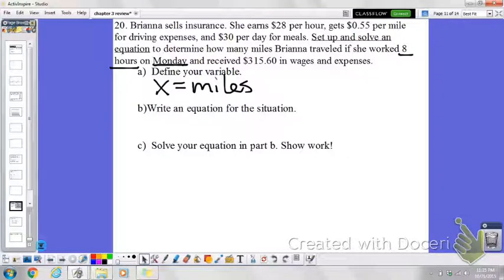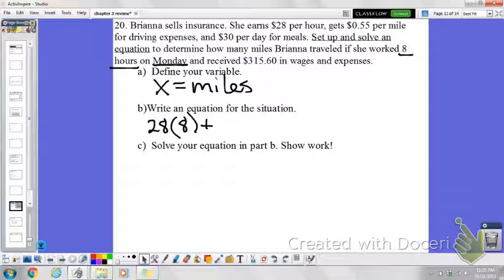So now we need to write an equation for this situation. Well, we know that she earns $28 per hour. So that'll be $28 times the amount of hours she worked. And she worked 8 hours, so it's 28 times 8. Plus 55 cents per mile.